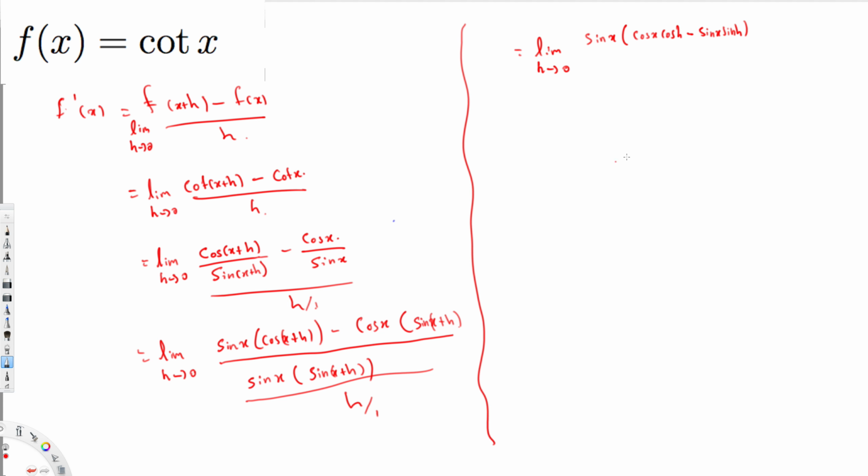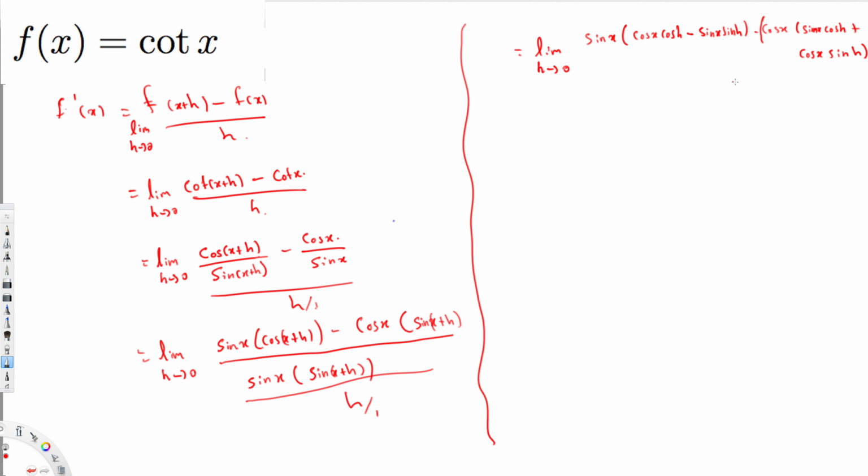And if I expand the other side, it's going to be minus cos x, and I'm expanding sin of x plus h, which gives sin x cos h plus cos x sin h. So we have done the expansion of sin of x plus h and cos of x plus h.